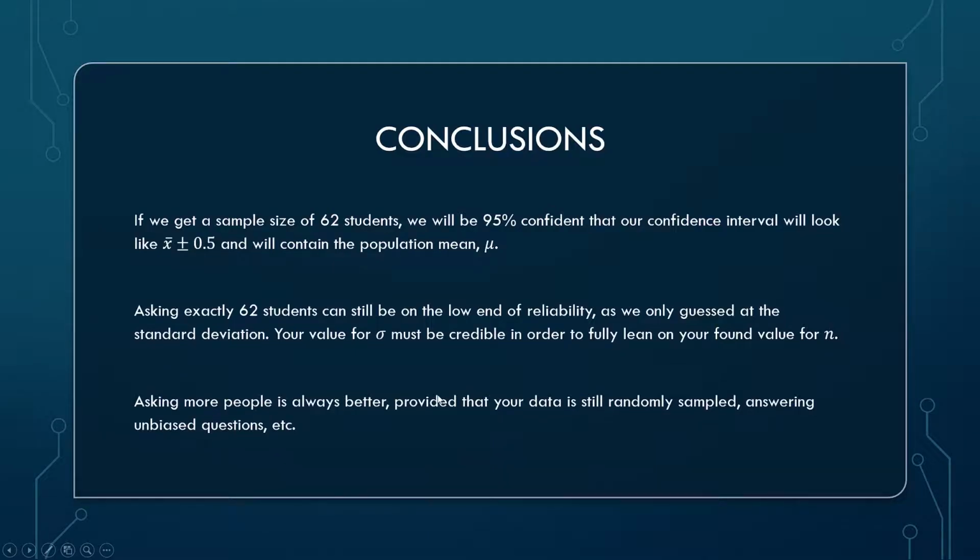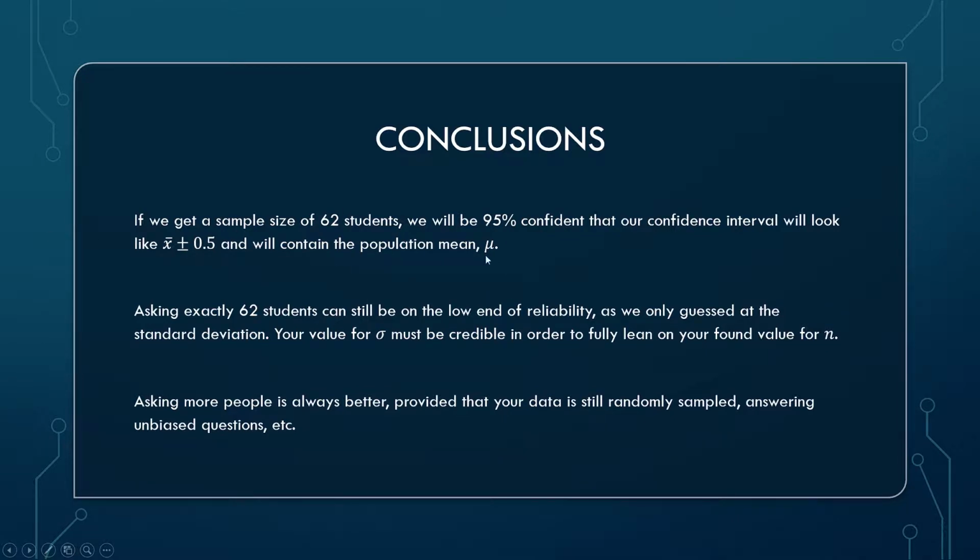So my conclusion is, if I take 62 people in random samples, not misleading questions, all that good stuff, I can be 95% confident that the confidence interval I would produce based on the sample data I get from those 62 people will look something like X bar, give or take half a year. And that interval should, I'm 95% confident anyway, contain the true population mean mu.